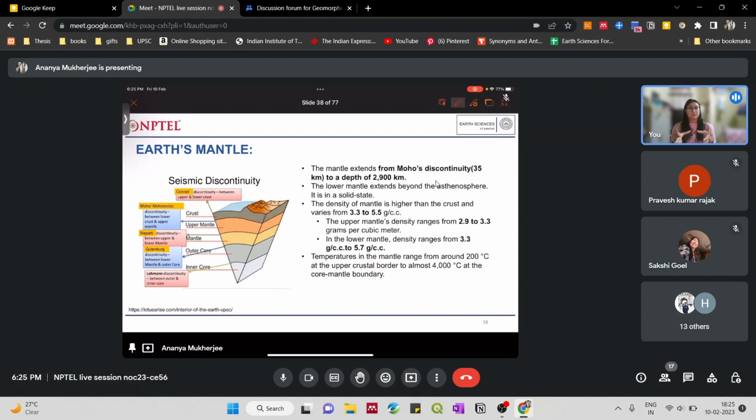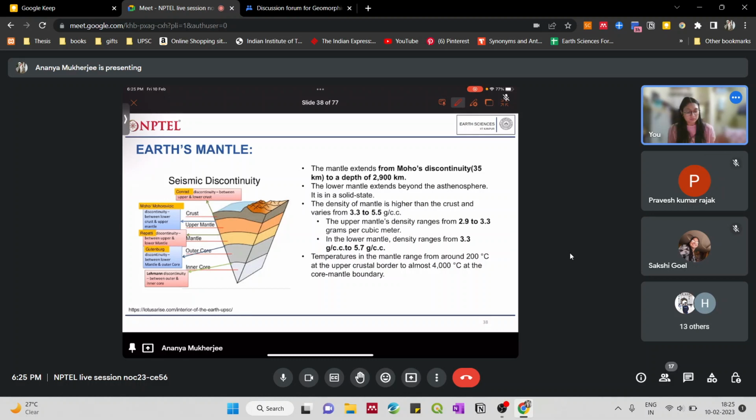That is why it is partially molten, and also, as I said, with depth the temperature increases. So at higher temperature, obviously, as we know, solids turn into the liquid state. Is that clear? Yes, ma'am. Okay.